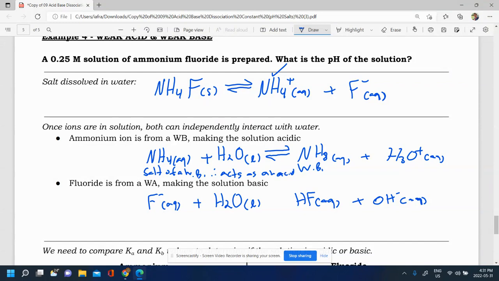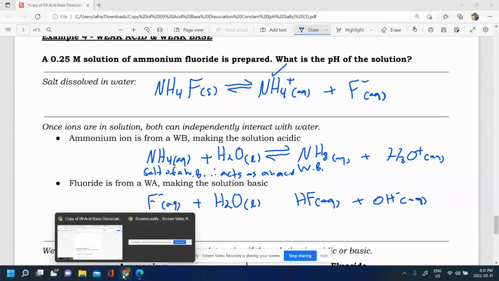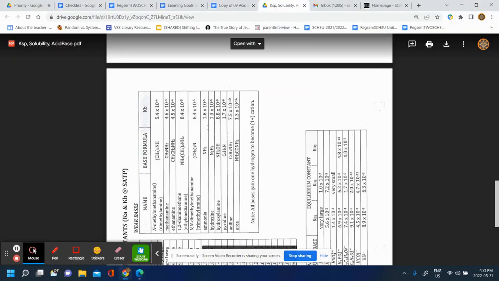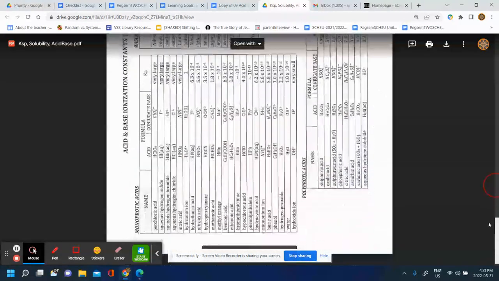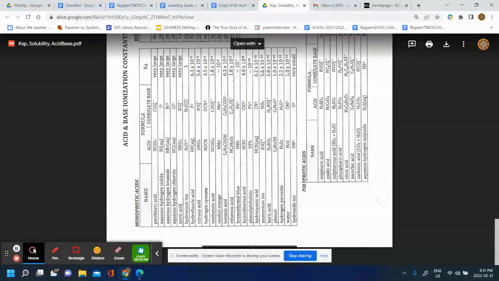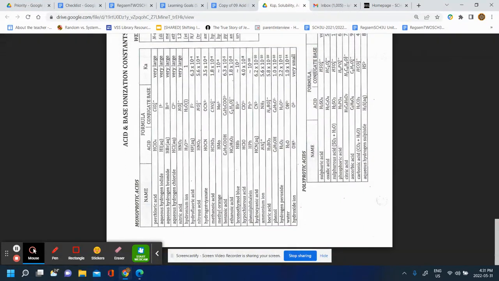That's not true. HF, let's go look at our table here. Hydrofluoric acid, let's find it over here. Hydrofluoric acid does not have a very large Ka.